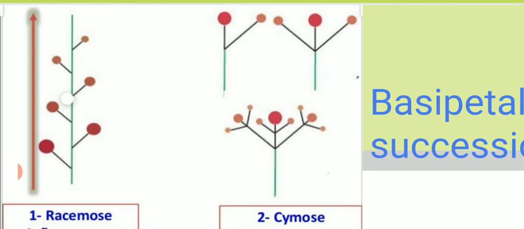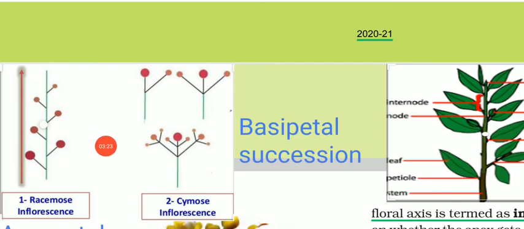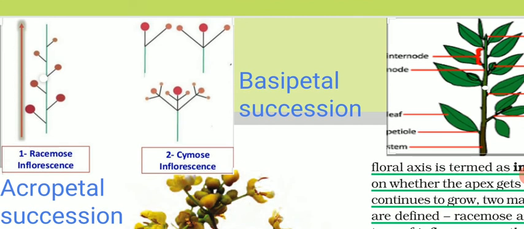Every floral axis in cymose inflorescence is terminated into a flower. This kind of arrangement is known as basipetal succession, and in racemose this kind of arrangement is called acropetal succession.